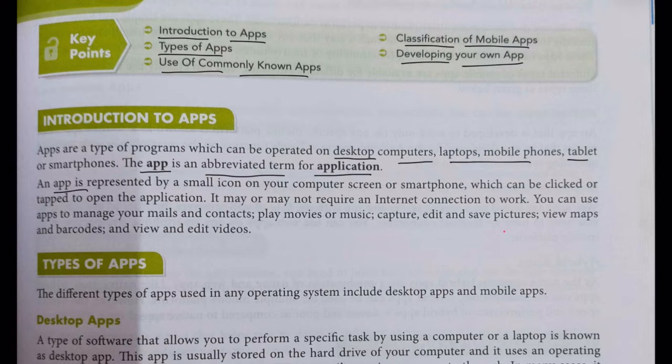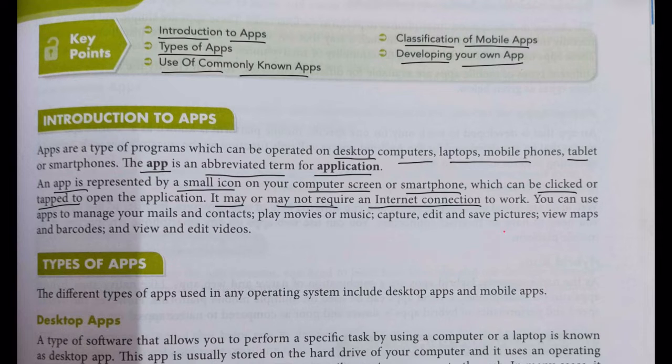Now, the app, as I told you, is represented by a small icon on your computer screen or your smartphone, which can be clicked or tapped to open, right? So in case of a mobile phone, you have to tap on it, and in case of a desktop application, you have to double click it. It may or may not require an internet connection to work.